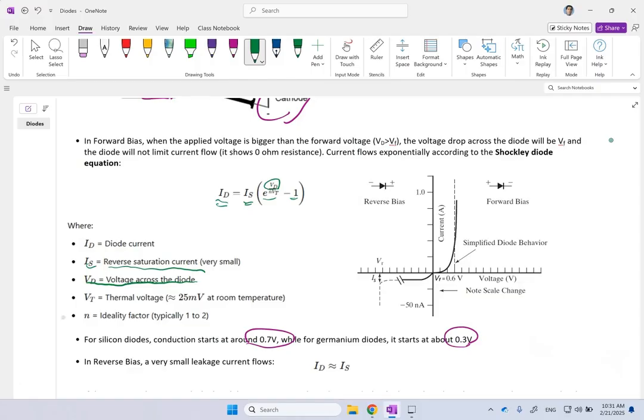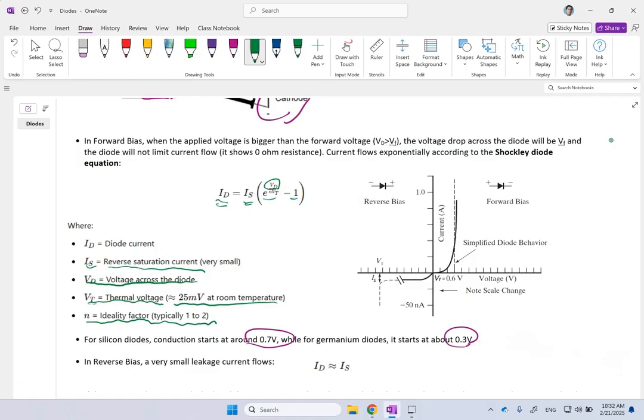What is N? N is what we call an ideality factor, which is a number between 1 and 2. Again, it can be found in the data sheet of the diode. And VT is what we call the thermal voltage, which for most cases is about 25 millivolts. So the behavior is exponential with V versus I.